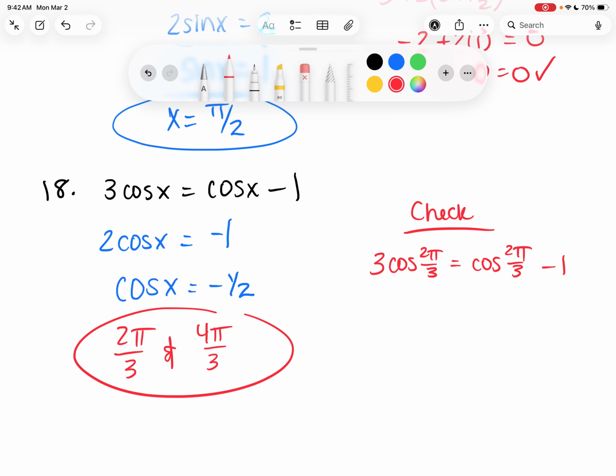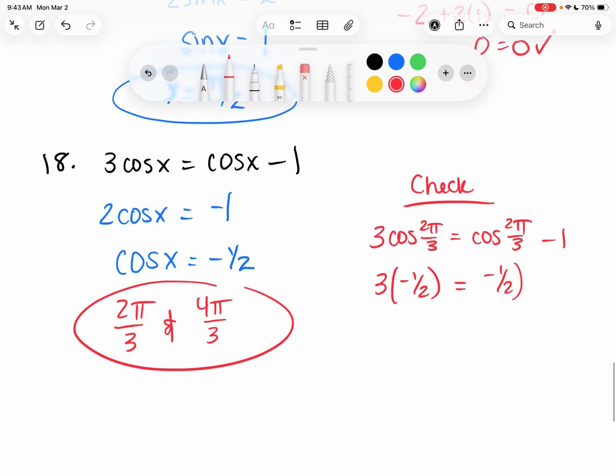So cosine of 2 pi over 3 is negative 1/2. So I've got 3 times negative 1/2 is equal to negative 1/2 minus 1. So then I've got negative 3/2 is equal to negative 3/2.